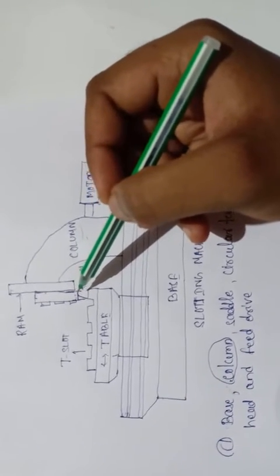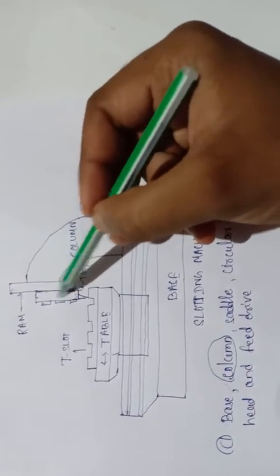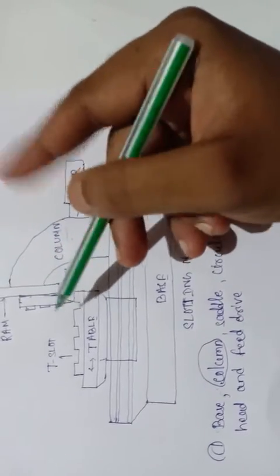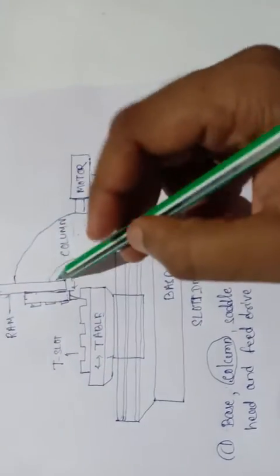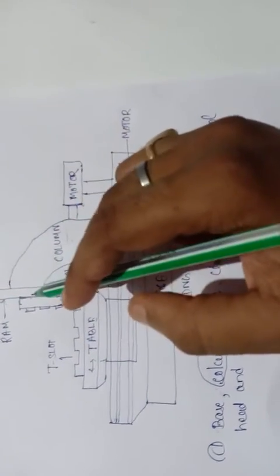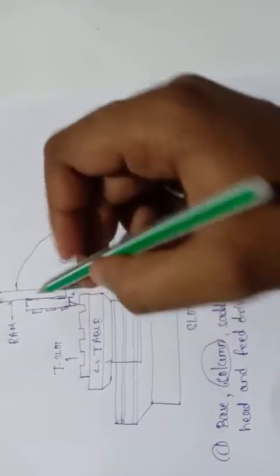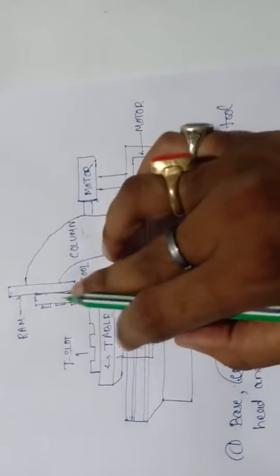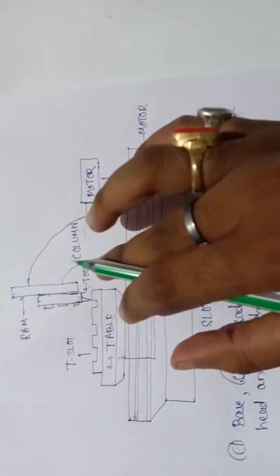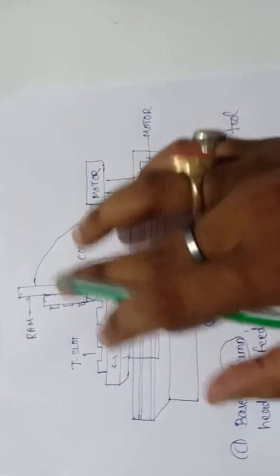Then the ram drive provides the conversion of the circular motion of the motor to the reciprocating motion of the ram in a vertical plane.